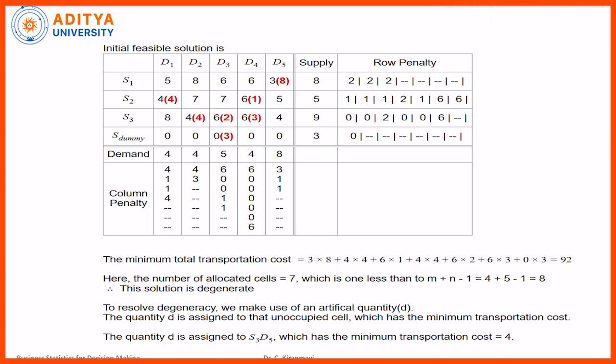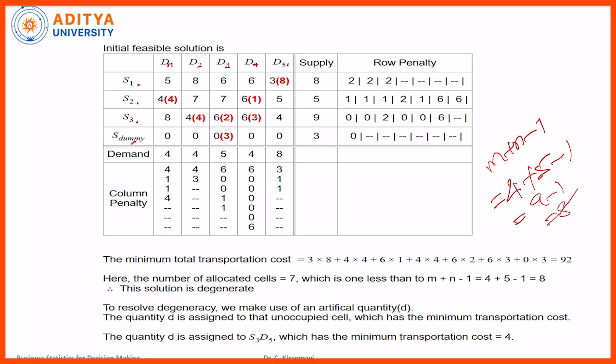Before proceeding to the optimality test, we have to check whether it has degeneracy or not. To check this, first we have to compute m plus n minus 1. m means the number of rows. How many rows do we have? 1, 2, 3, 4 rows, plus how many columns? 1, 2, 3, 4, 5 columns, minus 1, that is 9 minus 1, 8.